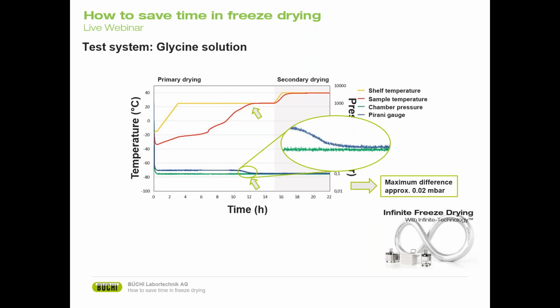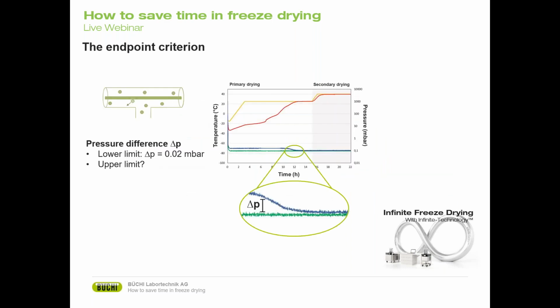I had a maximum difference of approximately 0.02 millibar, which already was relatively high. Actually, this was the worst freeze-drying cycle, which is why I took it as a reference, a worst-case scenario. So when we think of an endpoint criterion, we know this pressure difference has a lower limit of 0.02 millibar, because once we go below this, we're in a noise region of the sensors, and we risk that our endpoint will never be reached. And the question is, what is the upper limit?